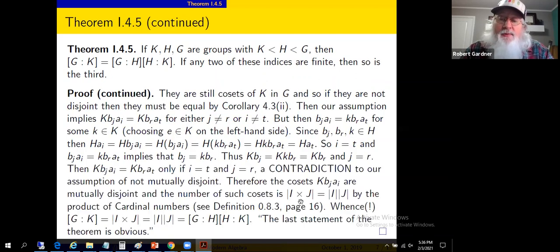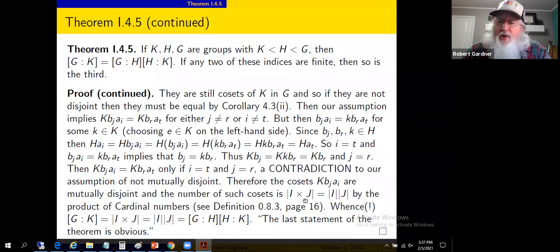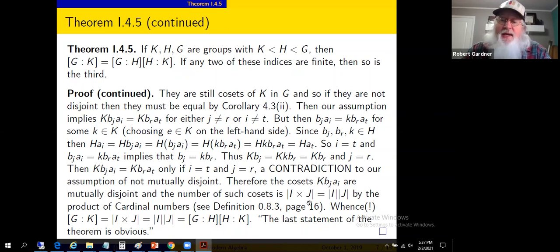Okay, back to where we were. These right cosets are mutually disjoint, and the cardinal number of such cosets is the cardinality of the number of pairs, that is the cardinality of the Cartesian product of those two indexing sets.